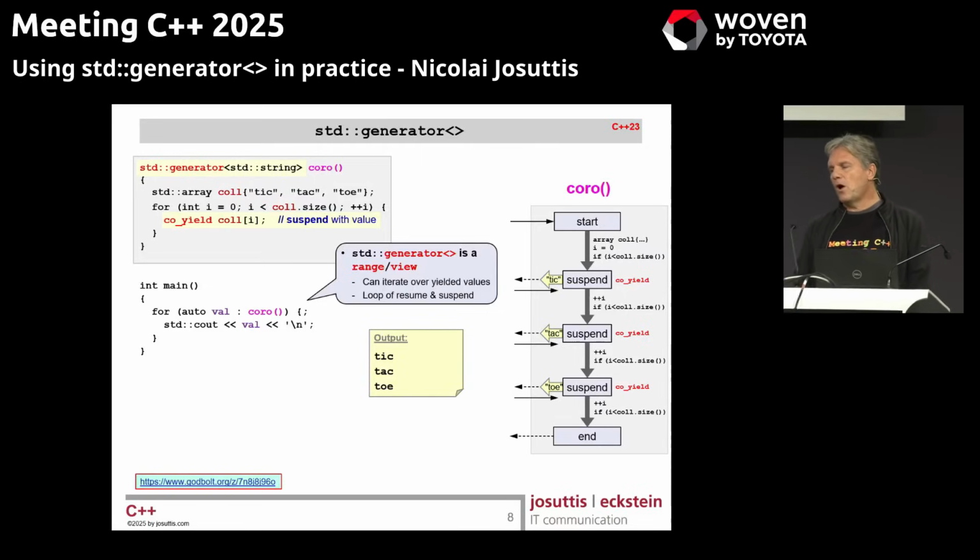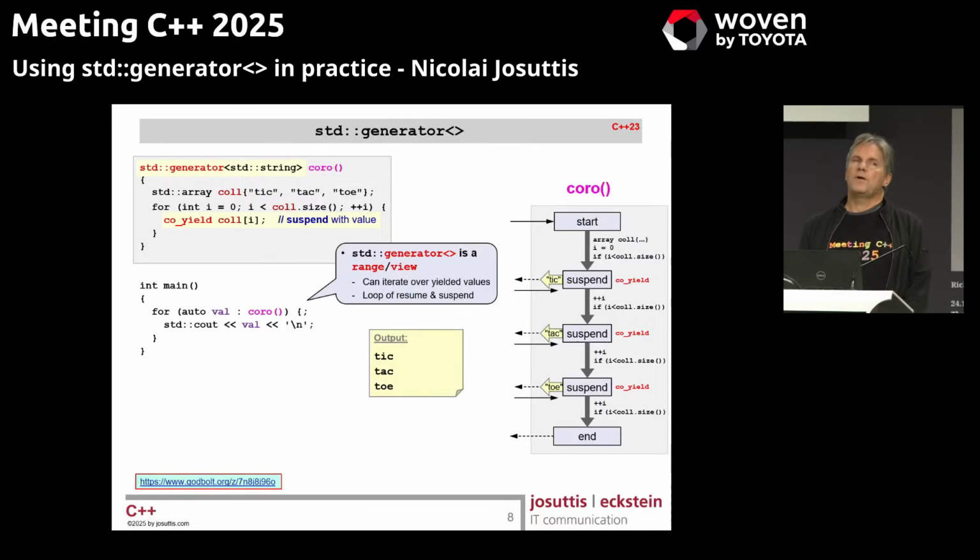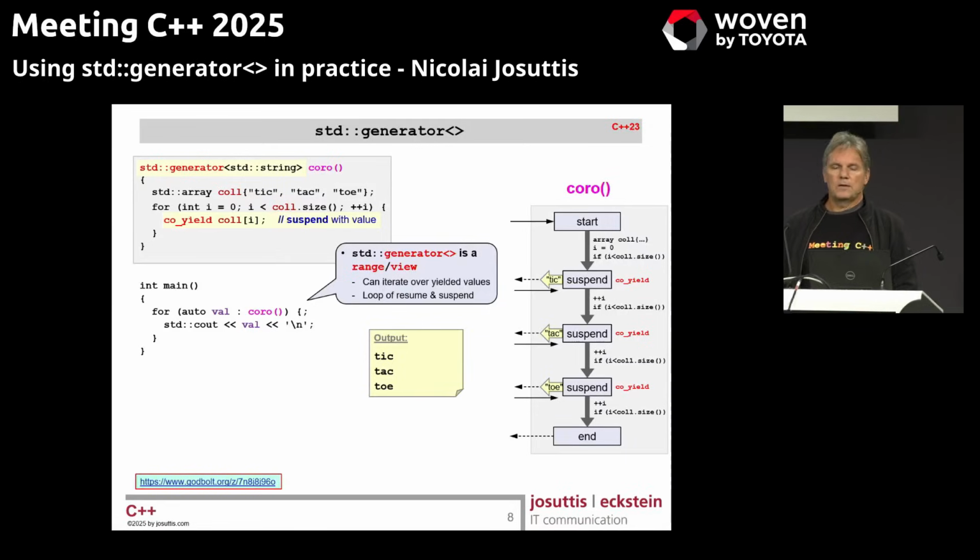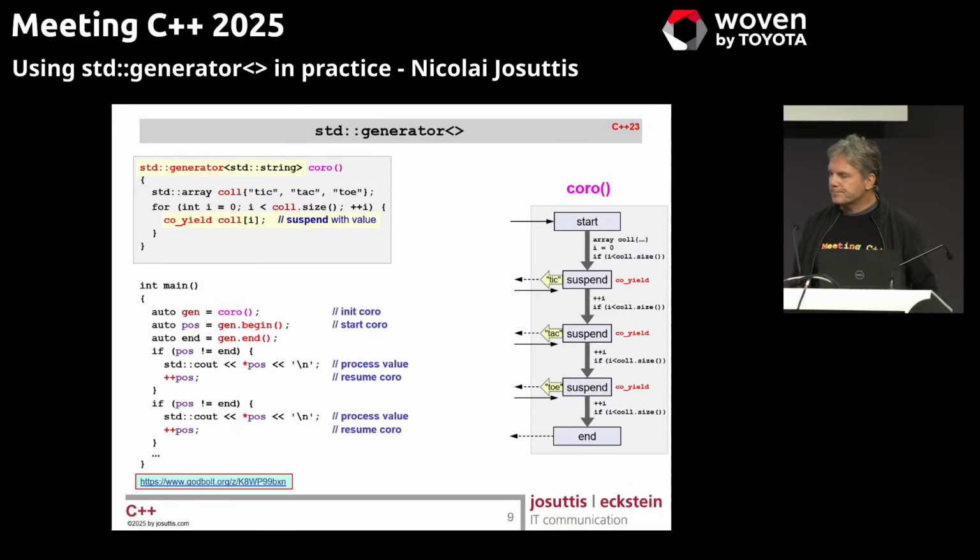And you can iterate over the yielded values, which in itself internally creates a loop of getting back a value from a coroutine and then dealing with it. You get it back when it's suspended, and then in the loop, you resume the coroutine again to get the next value. So how is this done?